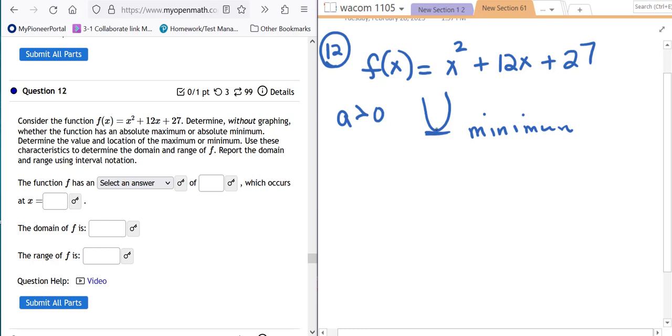And they want to know what that is. That's going to occur at the vertex. So you need the vertex, which is negative b over 2a. You're in this form. So negative b over 2a. And then f of that.